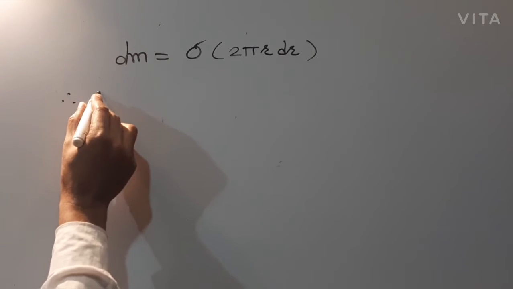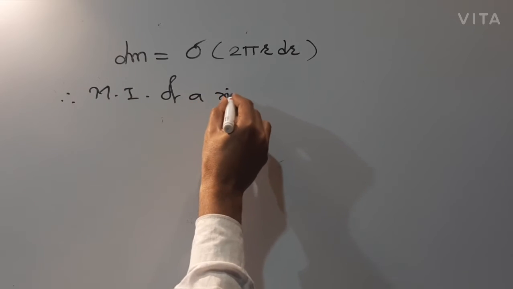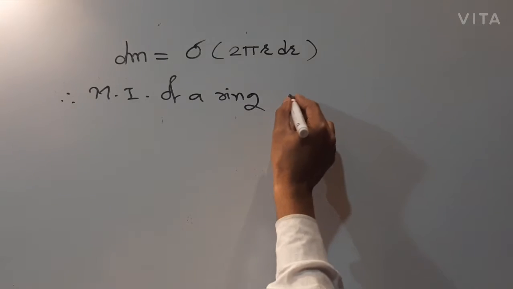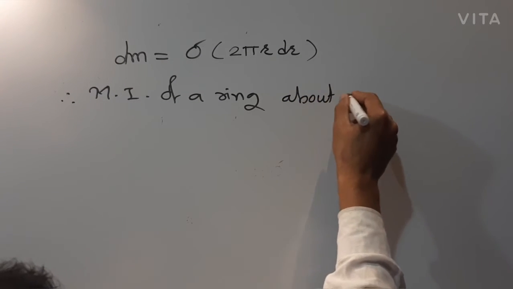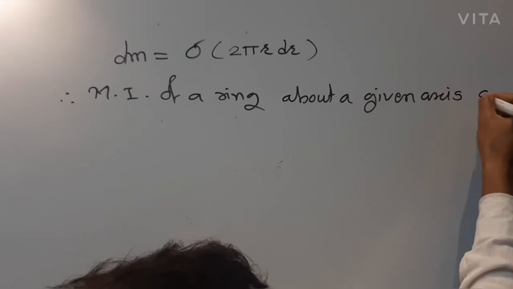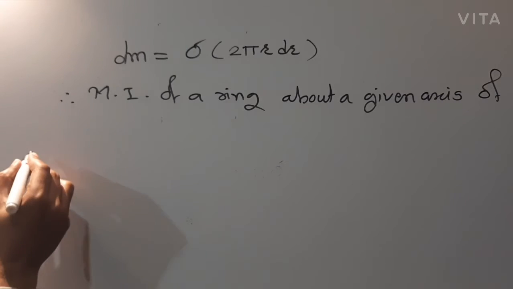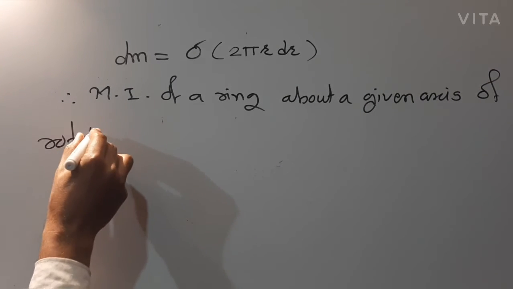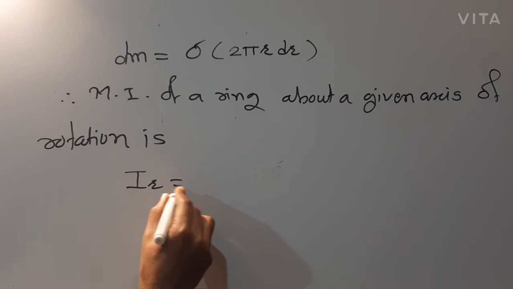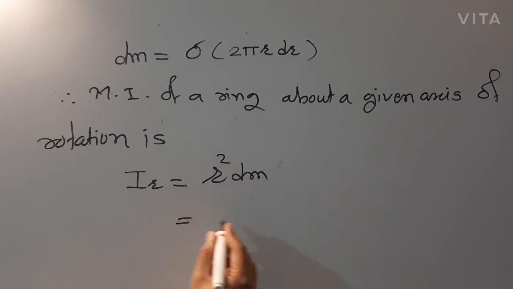Therefore the M.I. of a ring about a given axis of rotation is I_R equal to r square into dm.